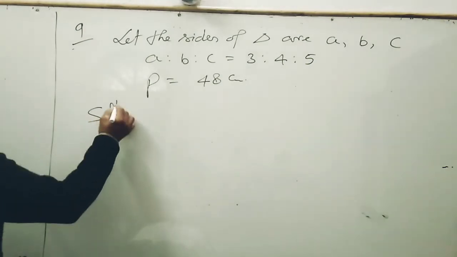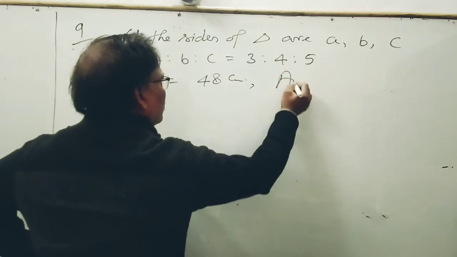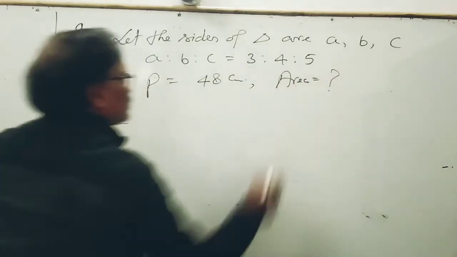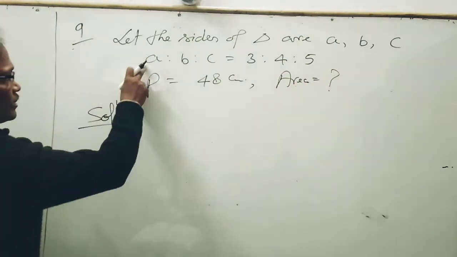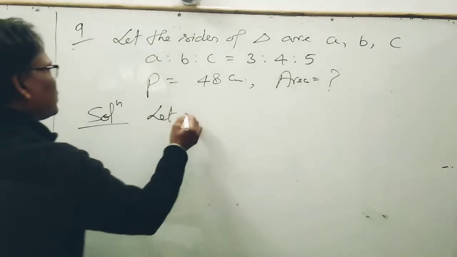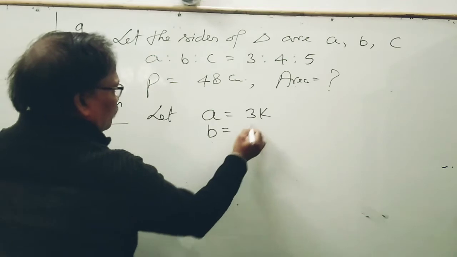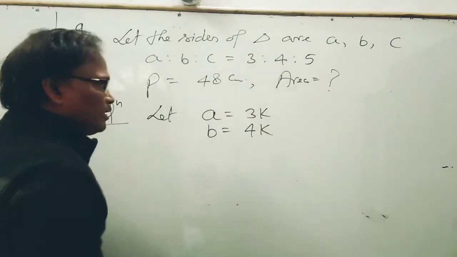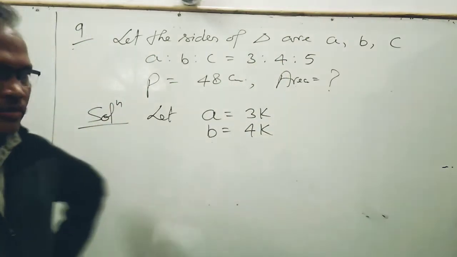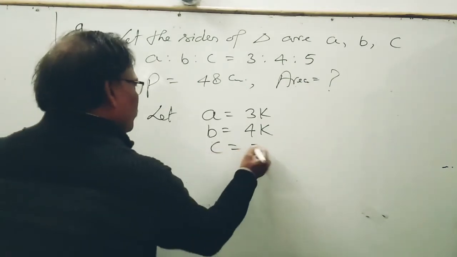First of all, let A is equal to 3K, B is equal to 4K. जब भी रेशियो में दिया जाए तो इस तरह से लेट कर लेंगे तो इजी होगा. And C is equal to 5K.